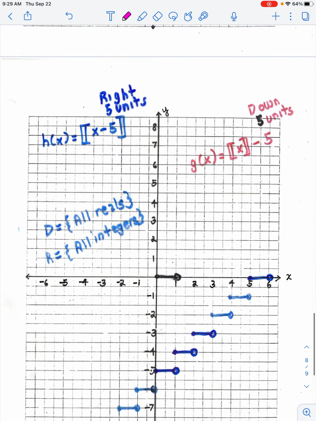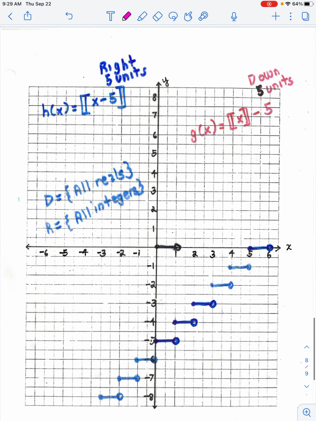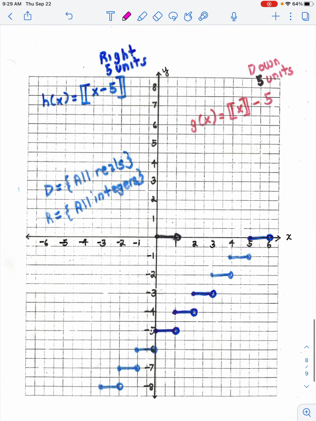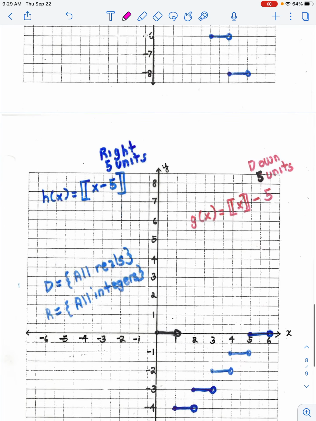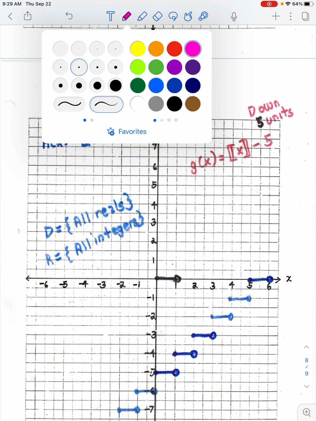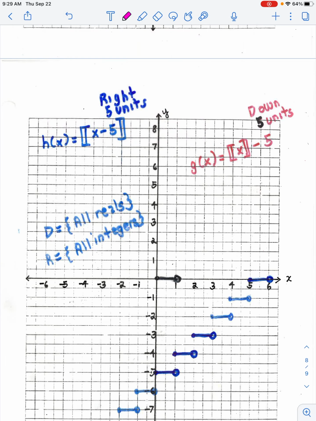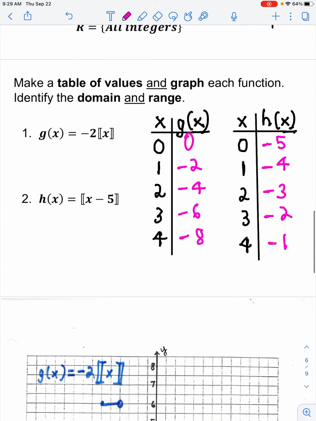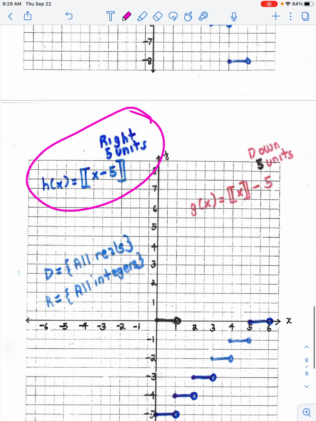And then if you look at this second graph, it shifts the parent graph original step at the origin 5 units. It's actually, in this case, shifting it 5 units right the way it's written, because it's in the greatest integer bars.